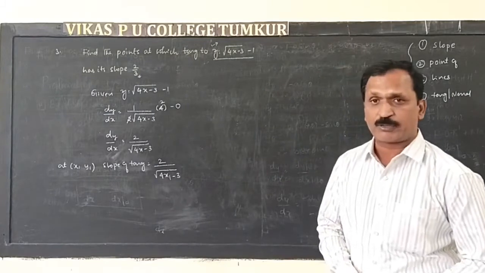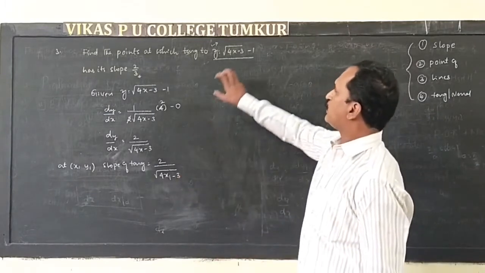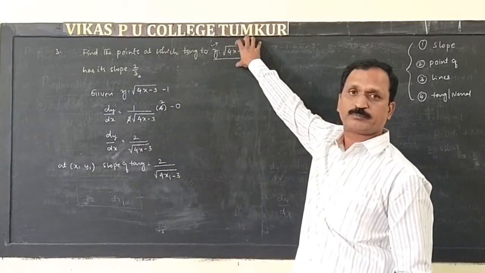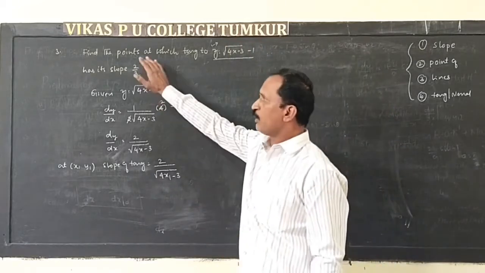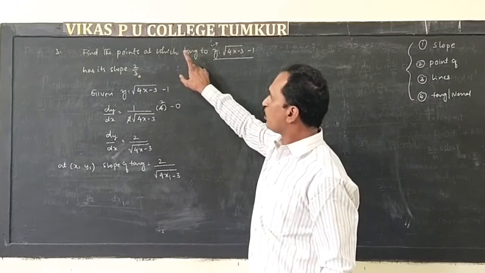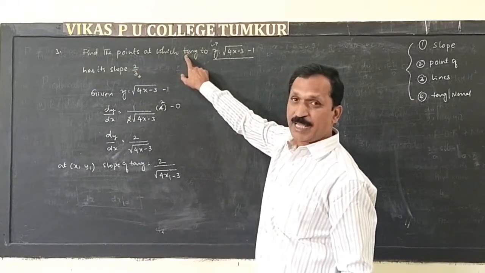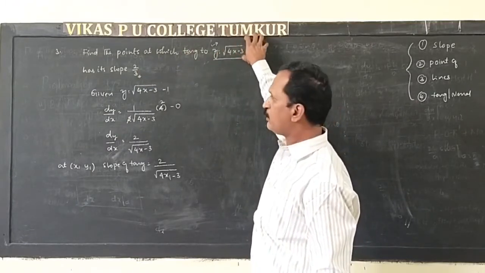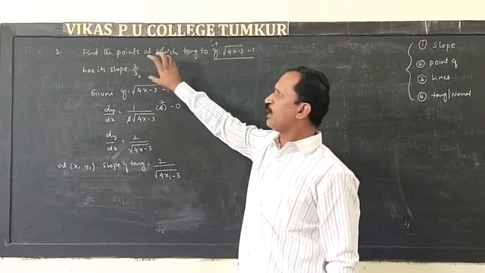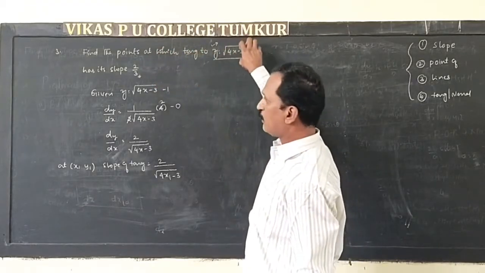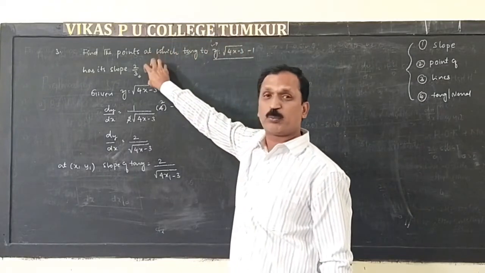What have I calculated first? I have found the slope of the tangent to this curve. Read the problem. You want to find the points at which the tangent to the curve has its slope 2/3.